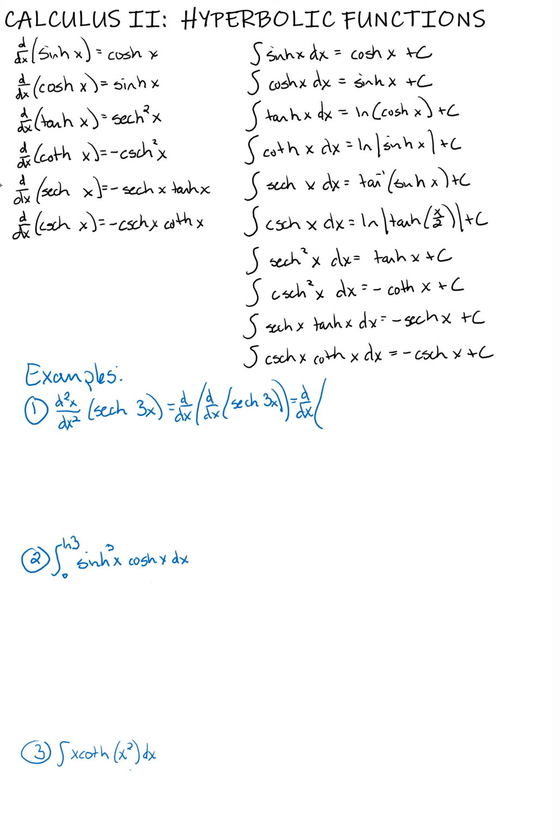Now, taking the derivative of this inside bit in here, it's hyperbolic secant, so we'll use this property. However, it's got a 3x in there, so I need to remember to use the chain rule on that. Which means we've got negative hyperbolic secant of 3x, remember my argument is 3x, times the hyperbolic tangent of 3x.